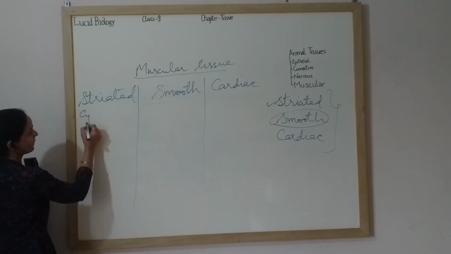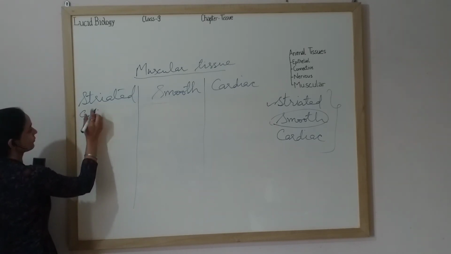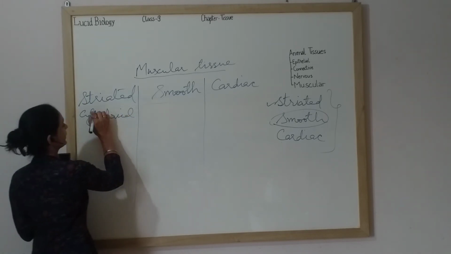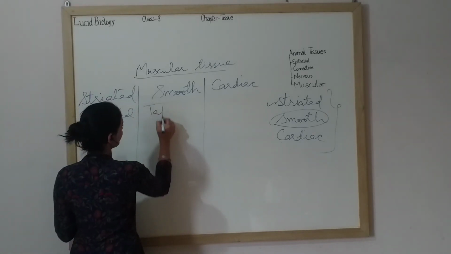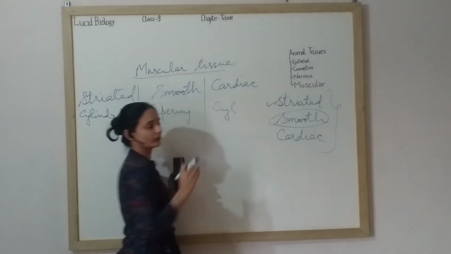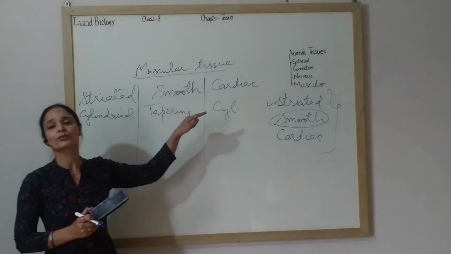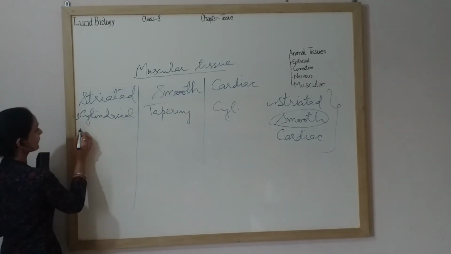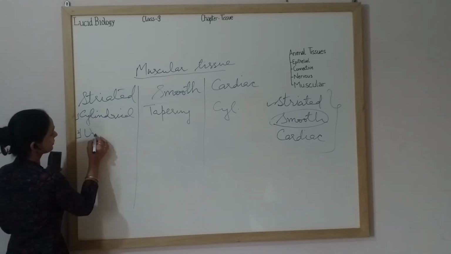They are cylindrical, yes, and smooth muscles are tapering or spindle shaped. Cardiac muscles are also cylindrical. Yes, that means the first difference is on the basis of shape. Next is they are unbranched.